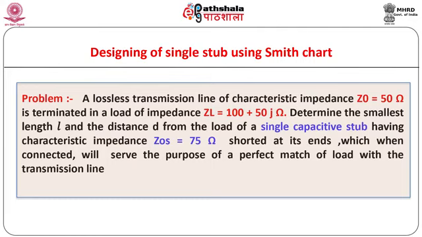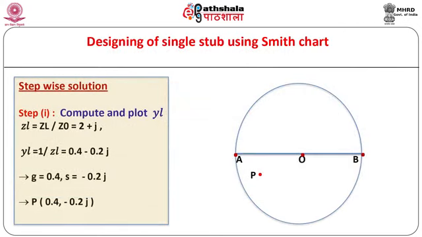Note that here the characteristic impedance of the stub is 75 ohm and that of the transmission line is 50 ohm. Let us discuss the solution step by step. Note the numerical manipulations at different steps.